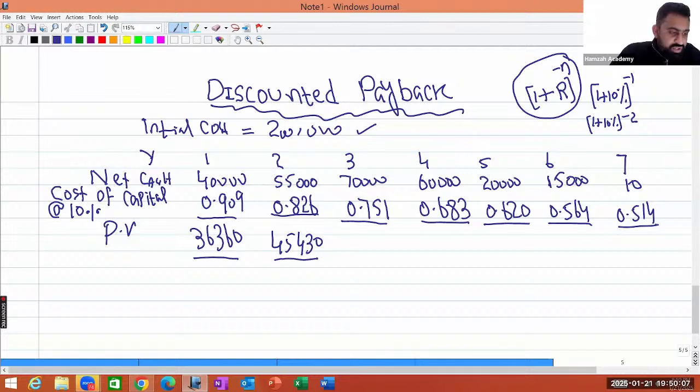Then for year 3, 70,000 into 0.751, it would be 52,570. And then 60,000 into 0.683.